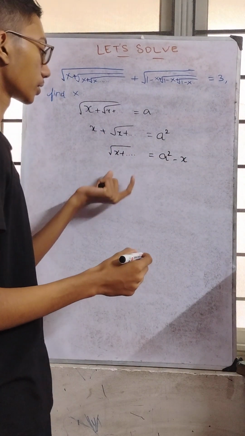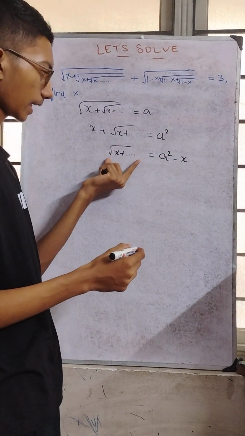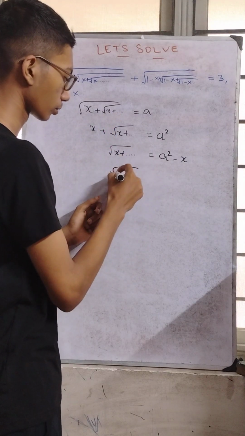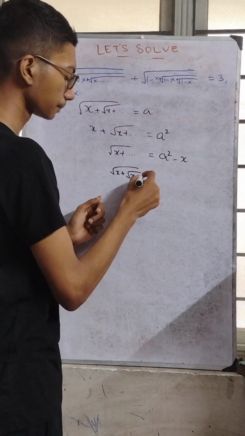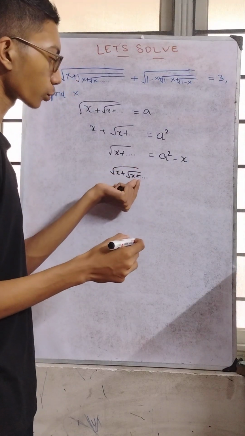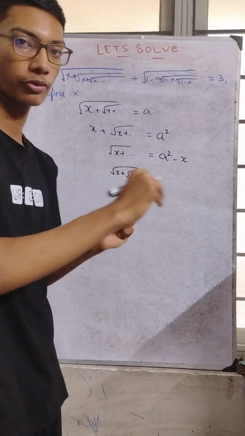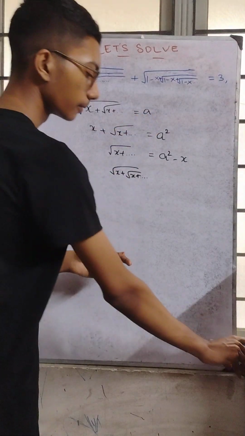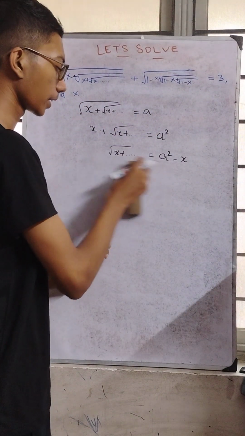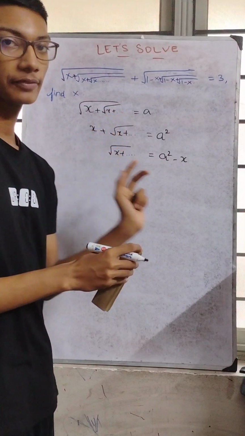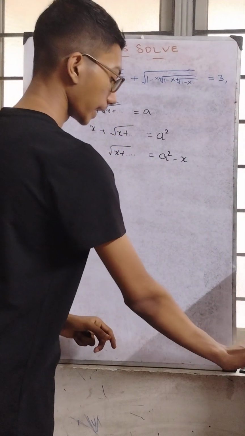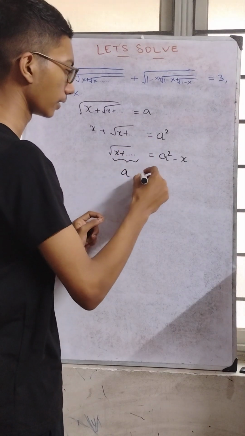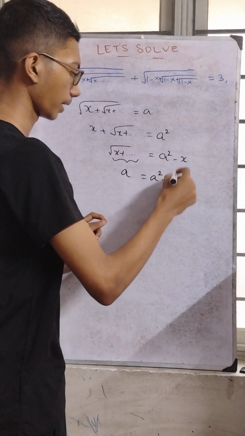We know this is exactly equal to a, because we can write this as root x plus root x, because this is what this dot dot dot or this infinite sequence means. This is only applicable when this is an infinite root. So that's an advantage of infinite roots. So this we can write as a equals a square minus x.